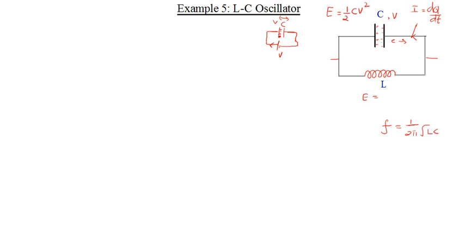Finally, all the charges residing on the plates of the capacitor will become zero, and by that time the entire energy will be converted into magnetic energy in the magnetic field of the inductor. And the reverse process then happens. The plates of the capacitor will be getting oppositely charged. This becomes negative and the other becomes positive.